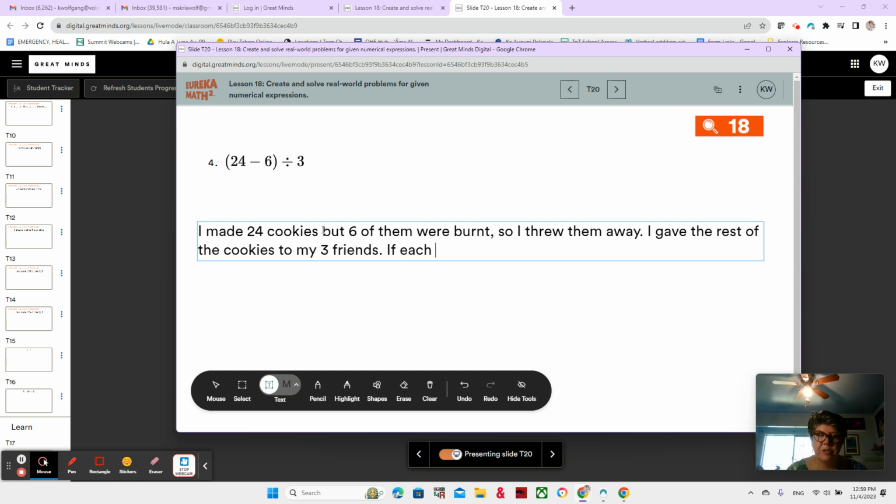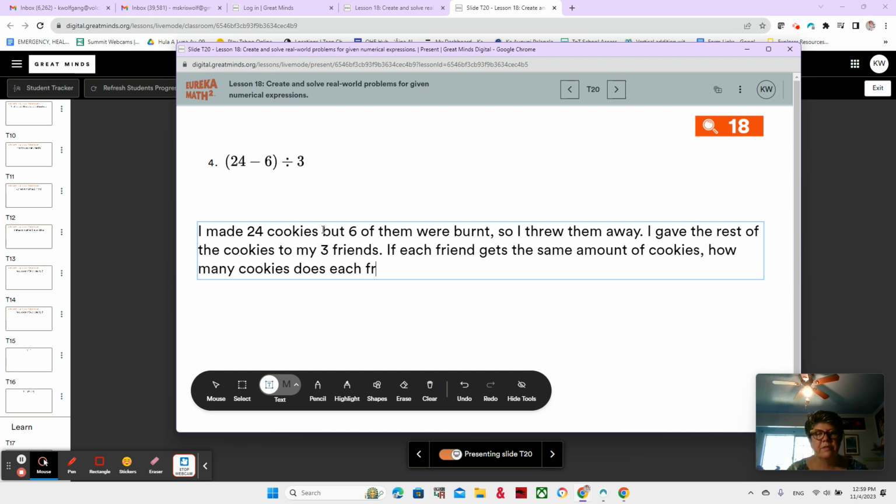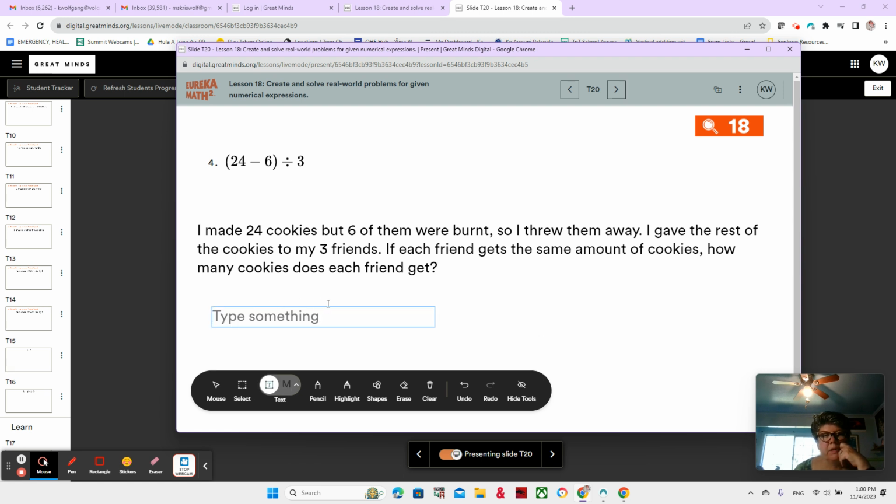If each friend gets the same amount of cookies, how many cookies does each friend get? All right, that's a pretty good story, isn't it? Yeah? So 24 minus 6, that would be 18, right?